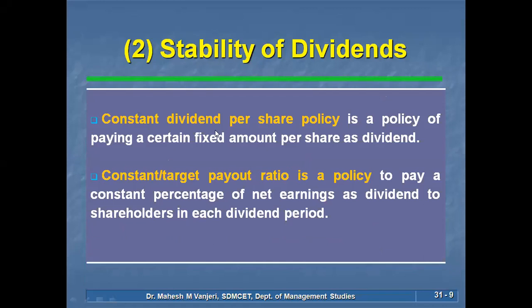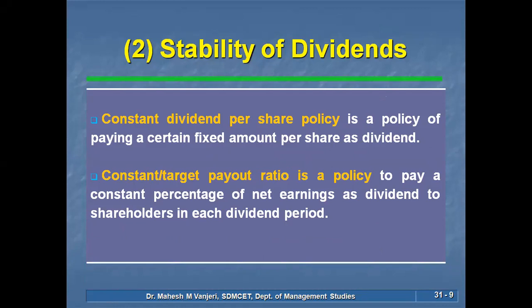The first one is a constant dividend per share policy. It is a policy of paying a certain fixed amount per share as dividend. The company determines some amount. So every year, irrespective of the earnings of the company, it decides to pay a certain fixed amount per share to the equity shareholder.